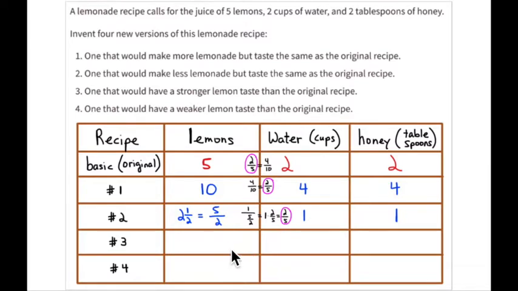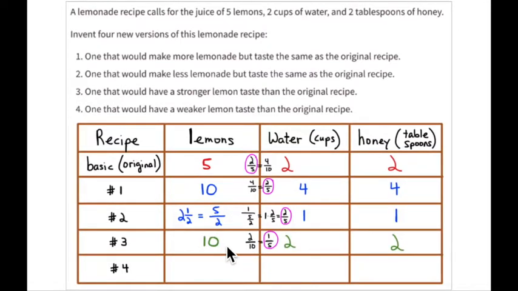Now in recipe number 3, they want you to make a recipe that has a stronger lemon taste. So that means you're going to use more lemons compared to the amount of water, or cut down the amount of water compared to the number of lemons. That is the same thing. So I'm going to compare this recipe with recipe number 1.